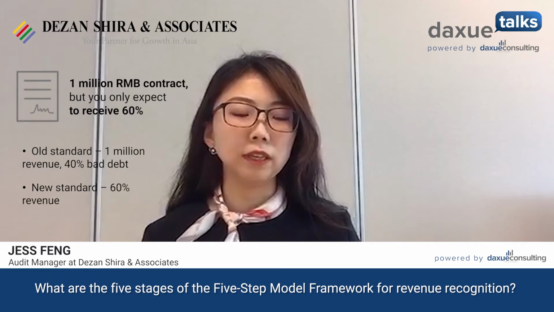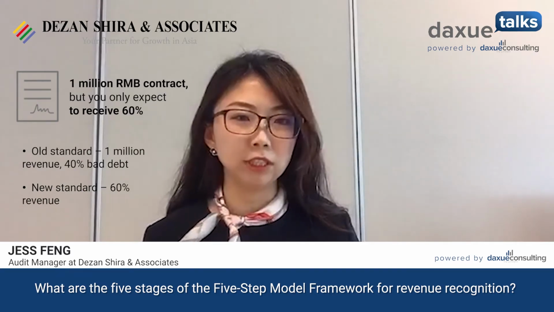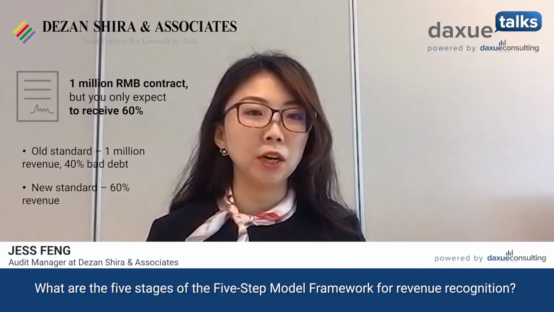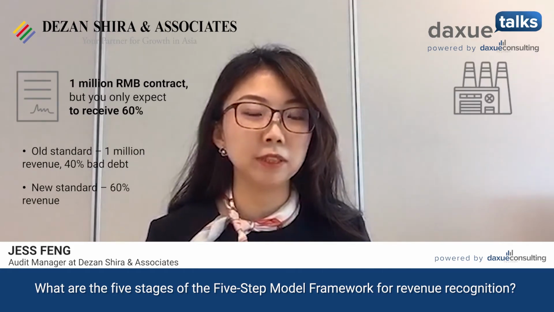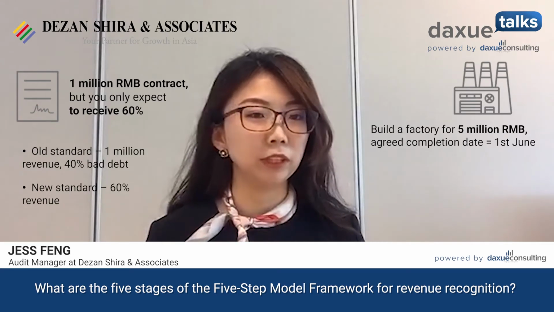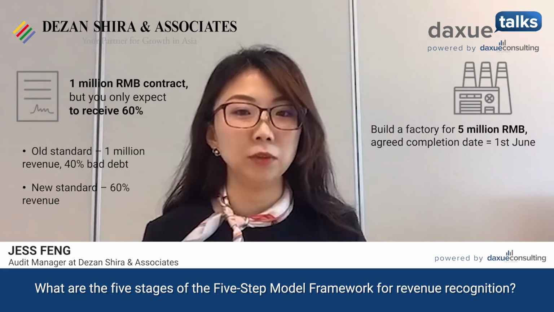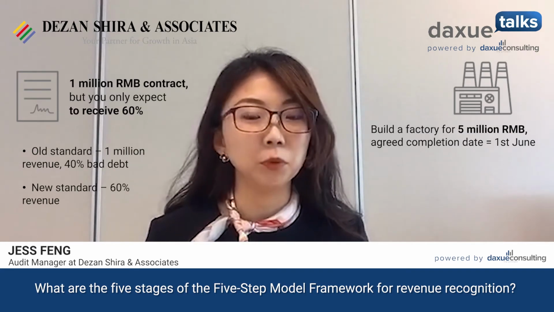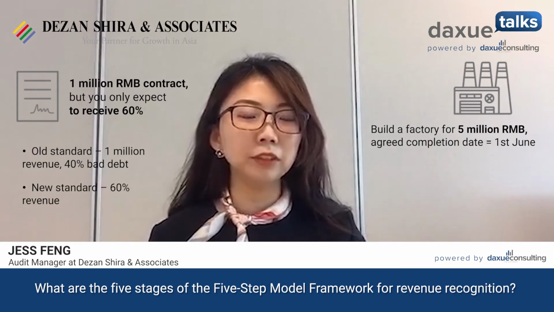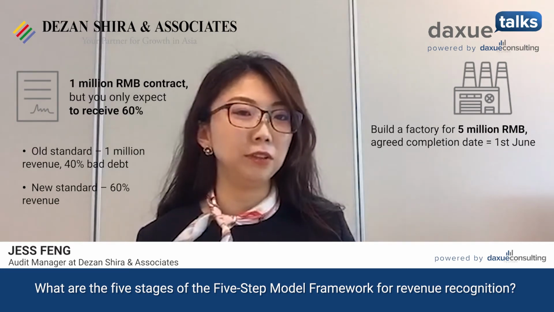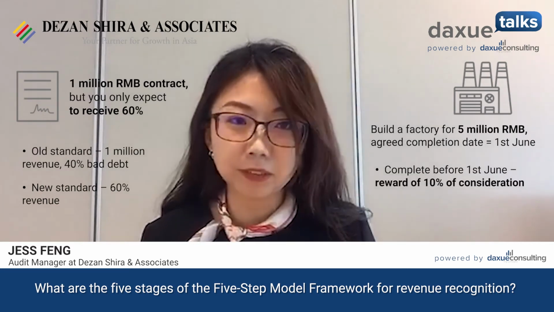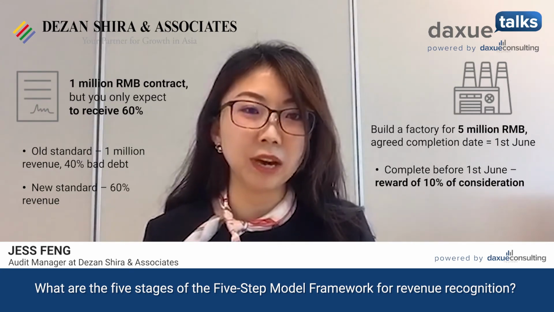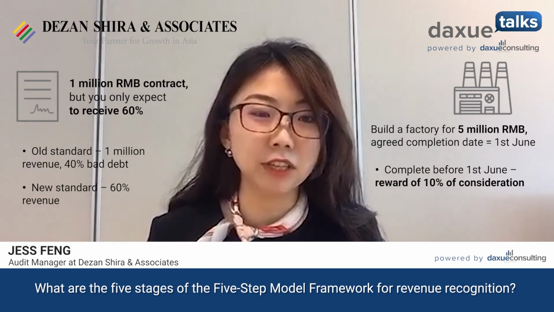To understand variable consideration, let's consider an example. For example, you agreed to build a factory for a customer for 5 million Chinese yuan, and you both agree that the completion date should be, for example, June the 1st. And the customer tells you that if you complete the project before the completion date, they will reward you an extra 10% of the consideration.